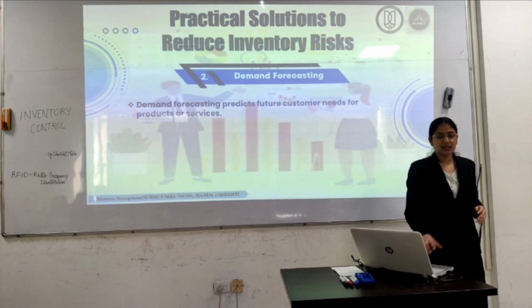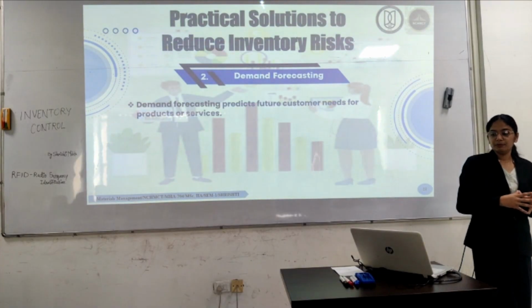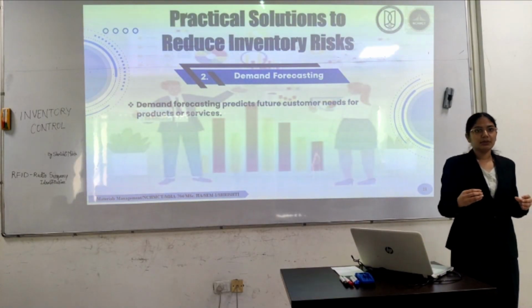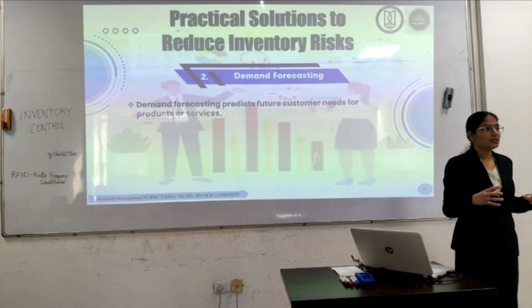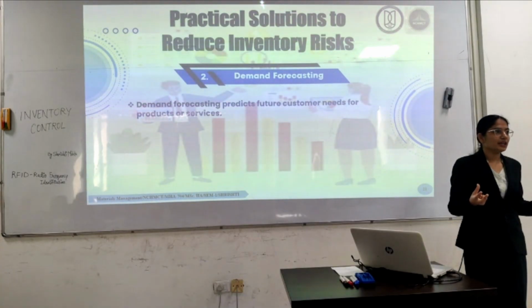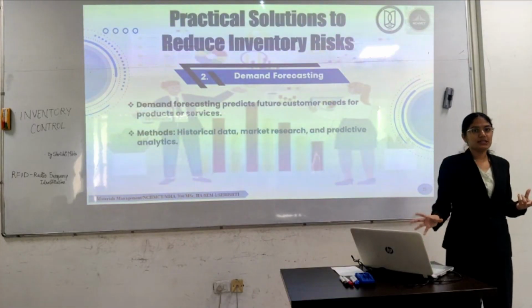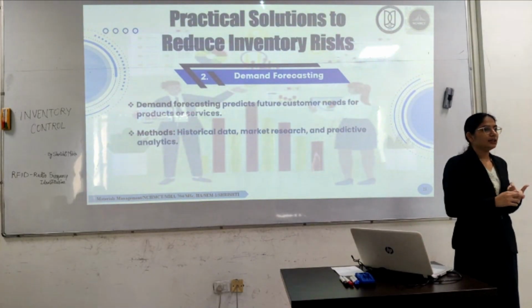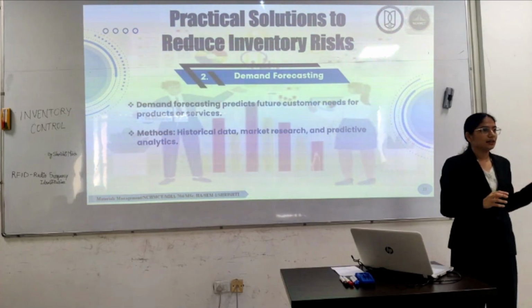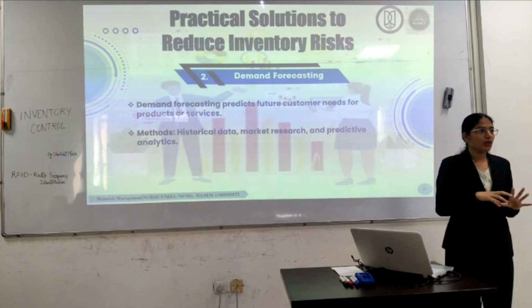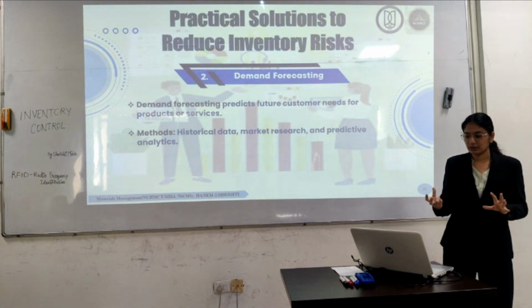Next is demand forecasting, predicting future customer needs based on products and services. According to the individual's demand, the products need to be available. This uses historical data, where past data is analyzed, and according to that the demand is known.